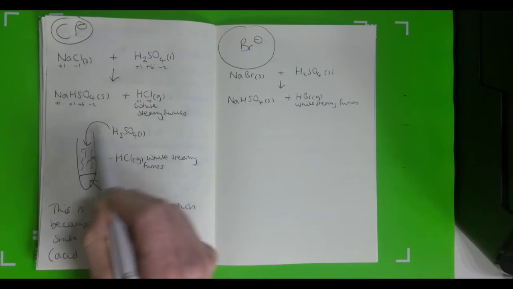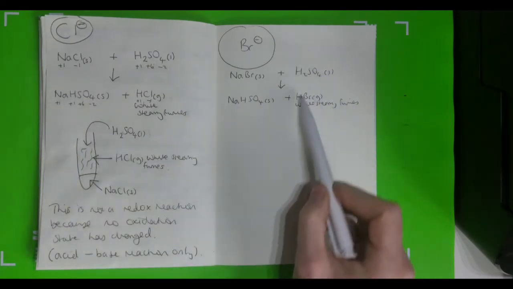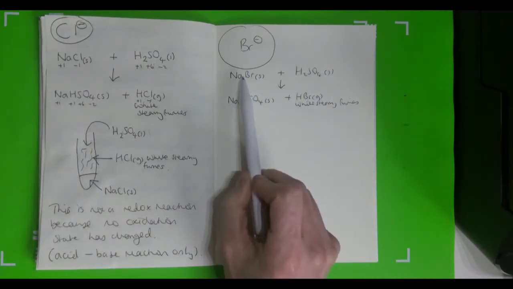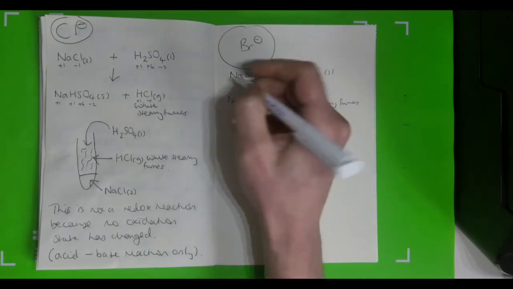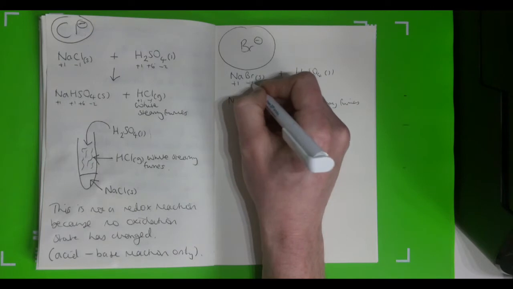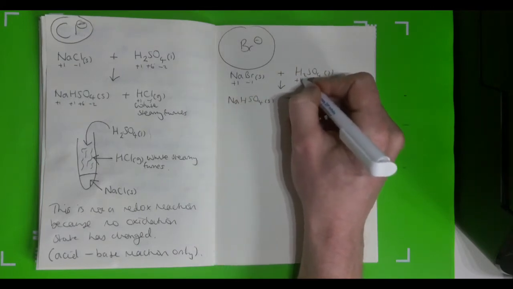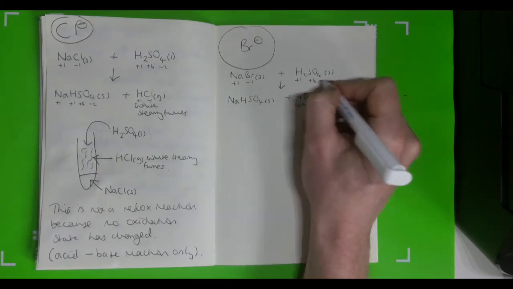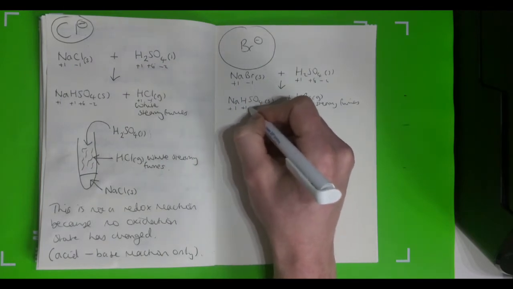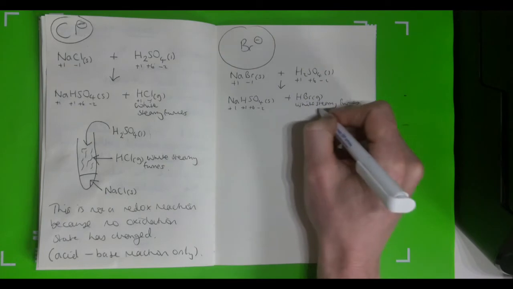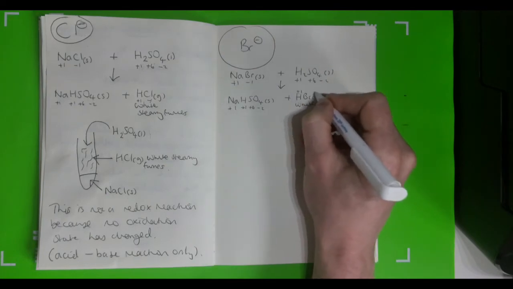So there's no need to draw this again because it's the same reaction, apart from I'm starting off and finishing off with Br minus here. And if we can work out the oxidation states before and after, we find that they are exactly the same again. Therefore, this one is not a redox reaction, it's just an acid-base reaction again.